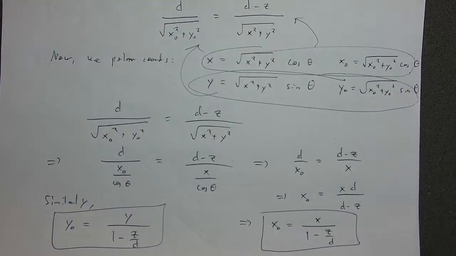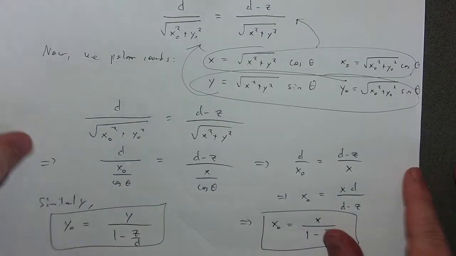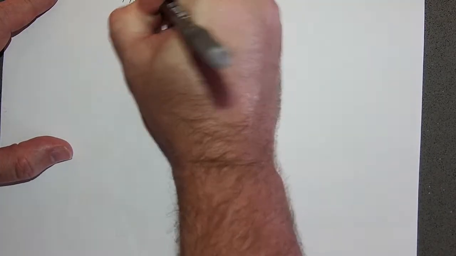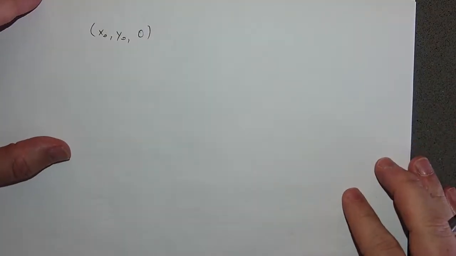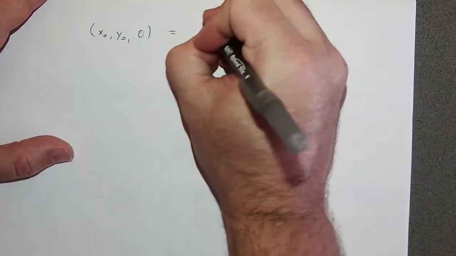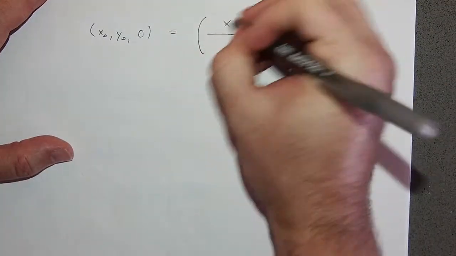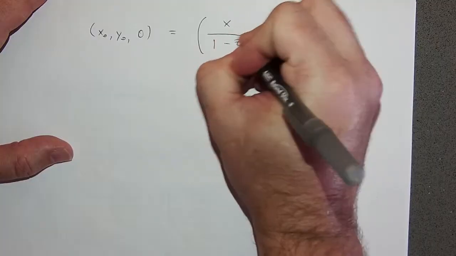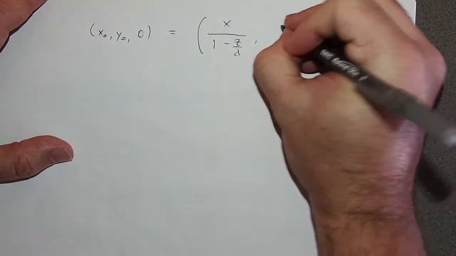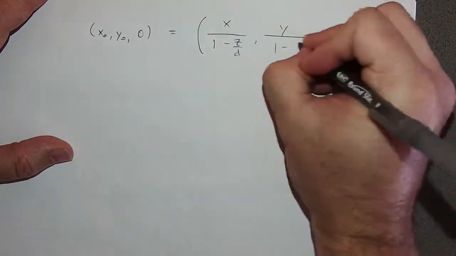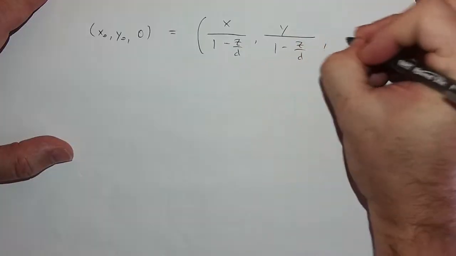Okay. And so this means x naught, y naught, 0 is x over 1 minus z over d, y over 1 minus z over d, 0.